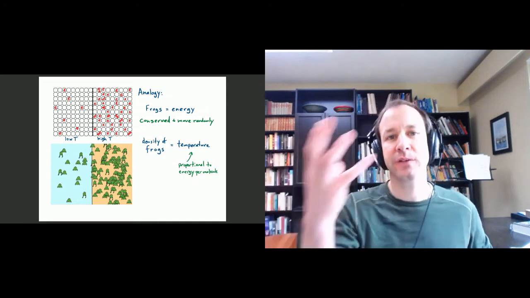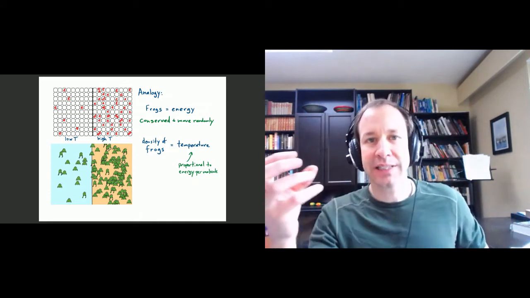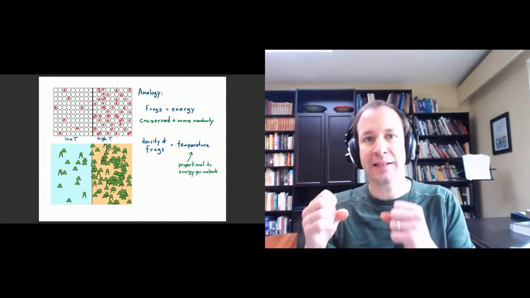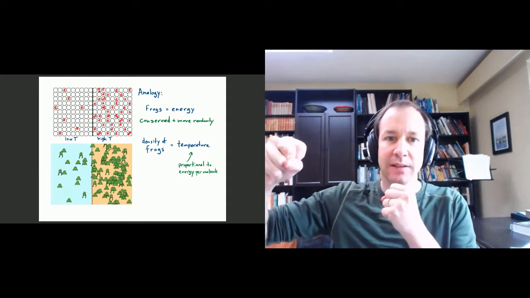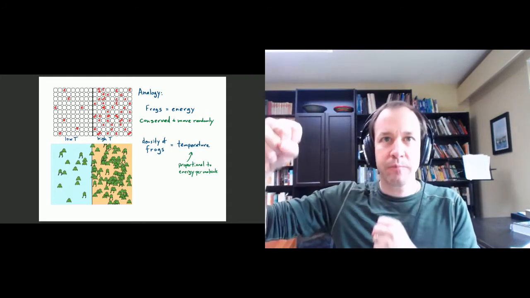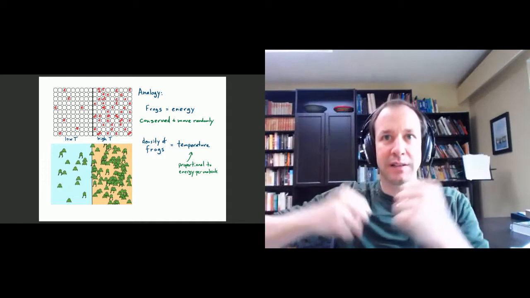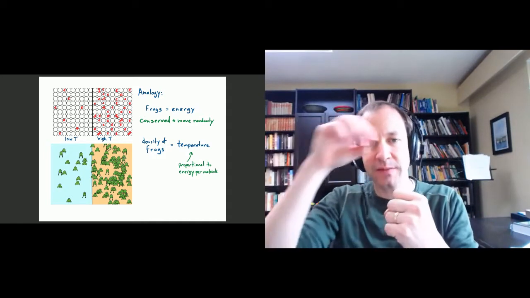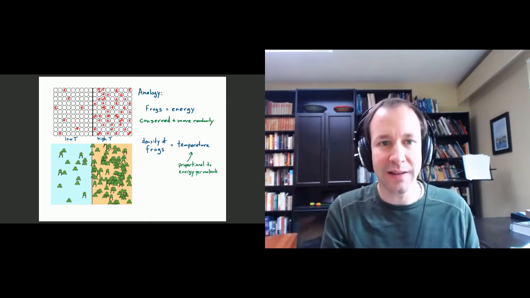So when heat flows from one side to the other, it's really energy being transferred from one side to the other. And we can think of the transfer as happening because of the interactions between the molecules. So when we have collisions between nearby molecules, we can transfer some energy from one to the other.